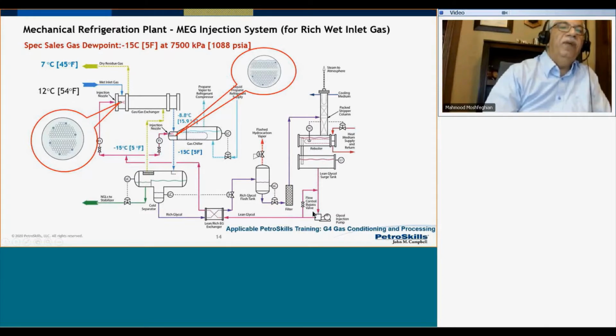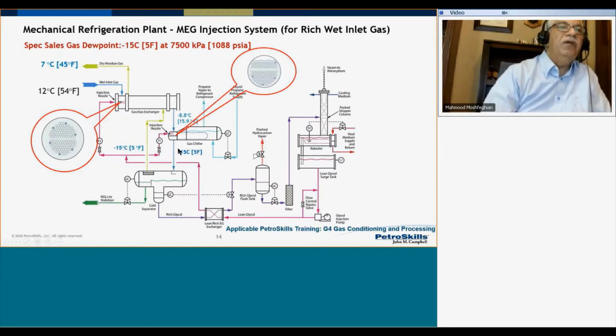We pump it back through a heat exchanger. While the temperature is hot, we cool it down, and then we have lean glycol we use again. We do that because it's expensive.